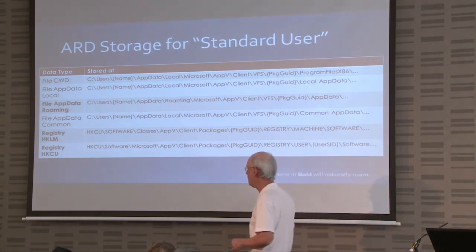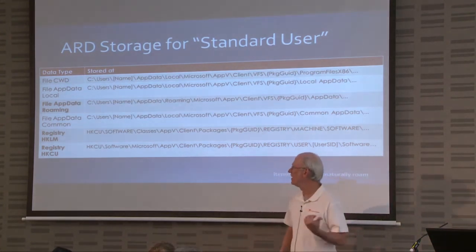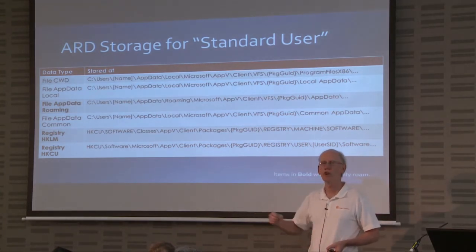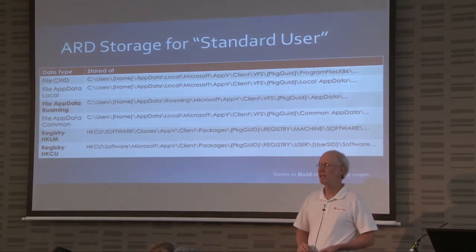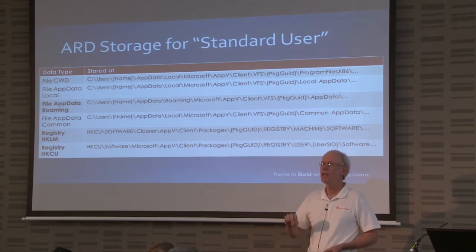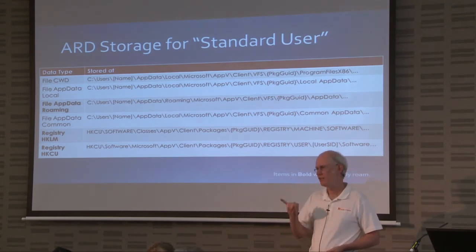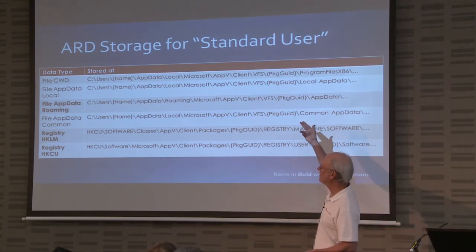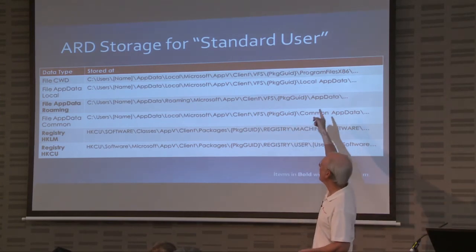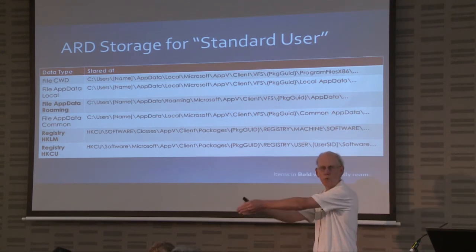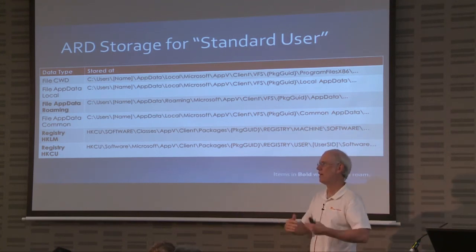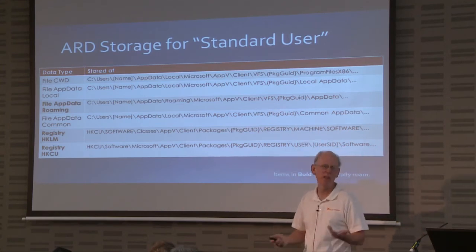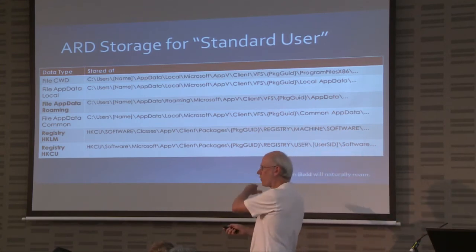It's something you can throw in one of those OSD scripts, where you basically say, I need to remediate this app, and you just give it the package GUIDs. When the package shuts down, it copies this stuff into the roaming area. Then when you start back up, you have the second script that pulls it back so the App-V client will see it again, the way that thing works. So we can actually overcome those problems.